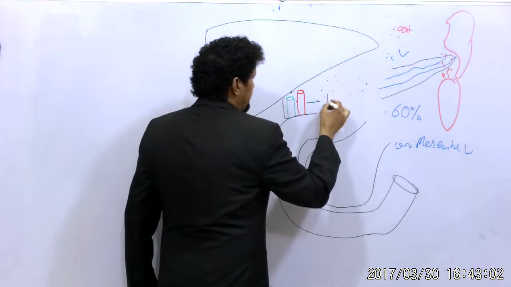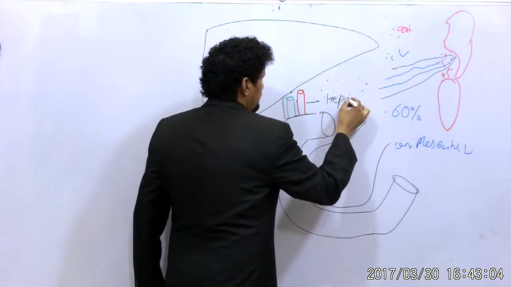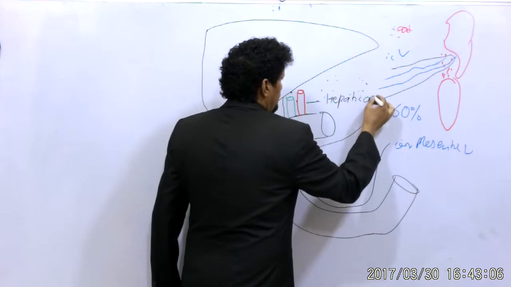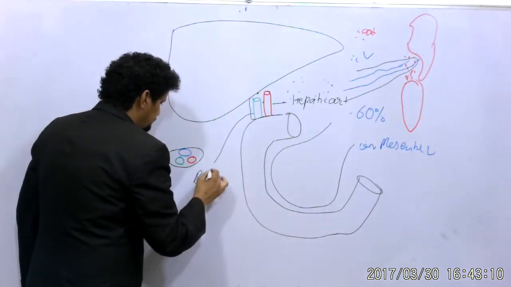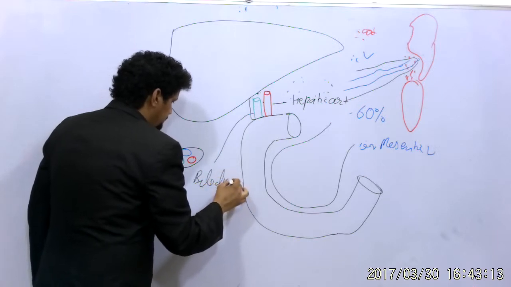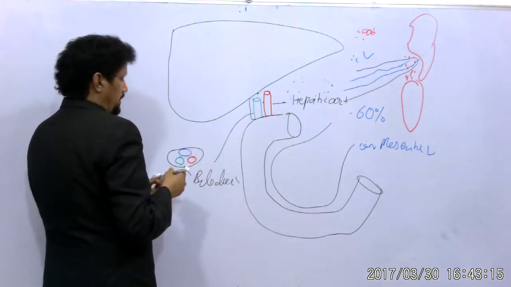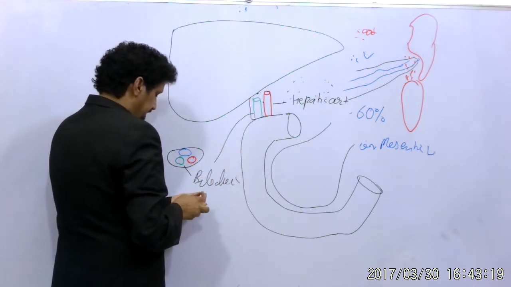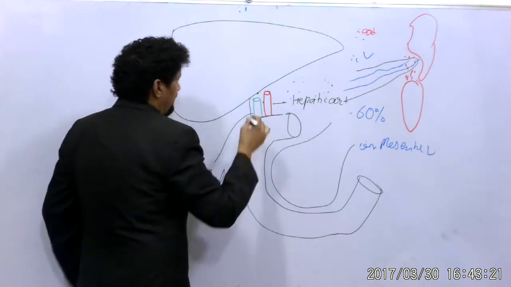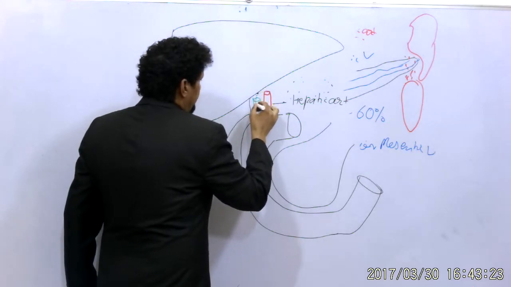This is the hepatic artery, this is the bile duct, and behind these two there is the portal vein.